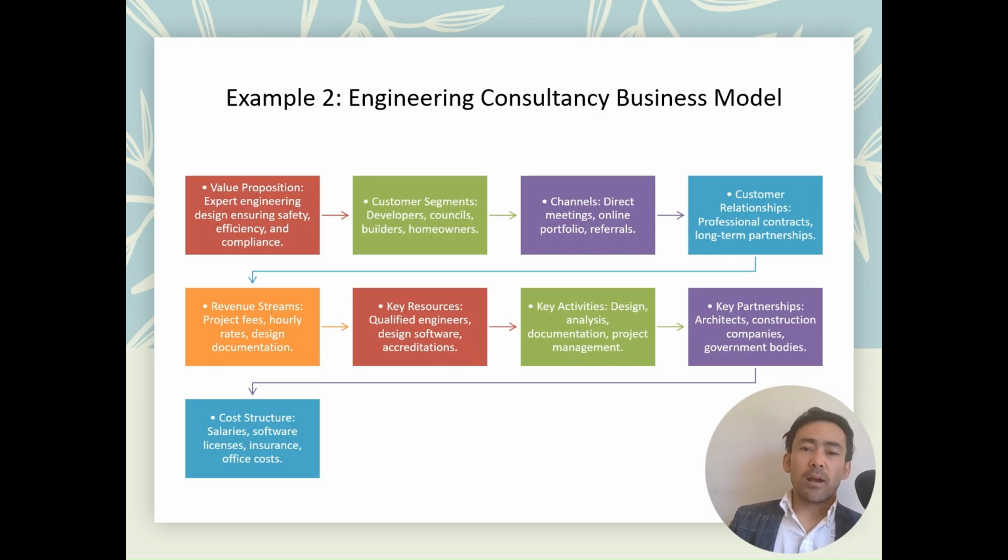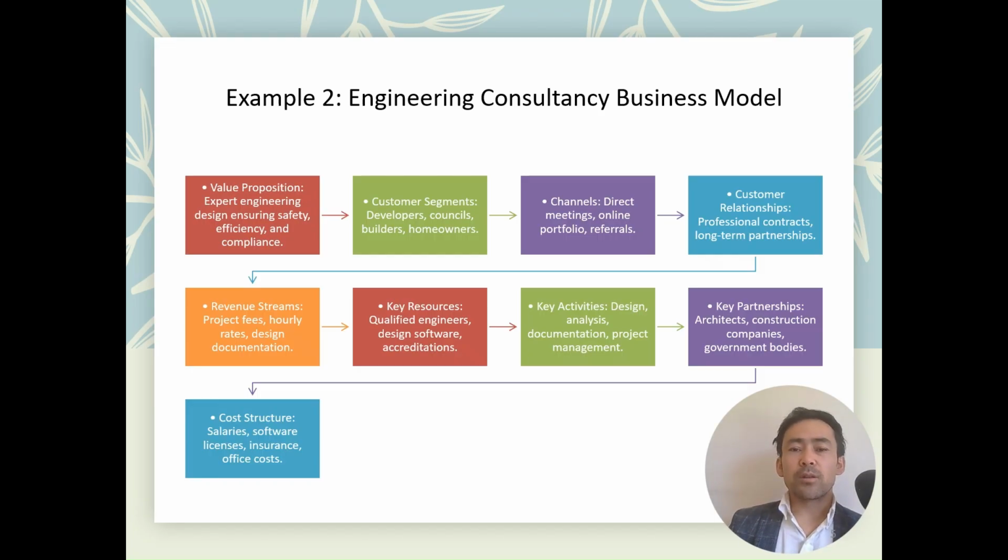It could be hourly rates, or design documentation on that particular engineering service that they are offering to their customers. The key resources that an engineering business uses would be qualified engineers, design software, for example AutoCAD, Revit, Civil 3D, or accreditations.